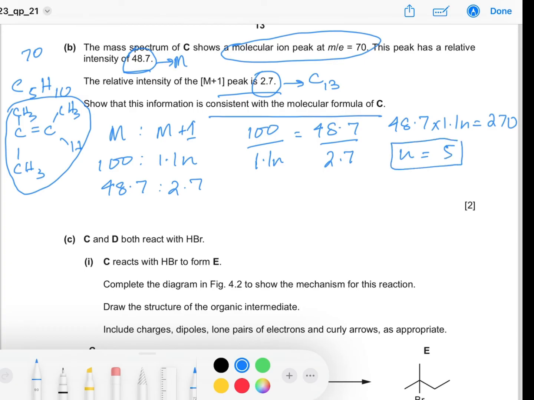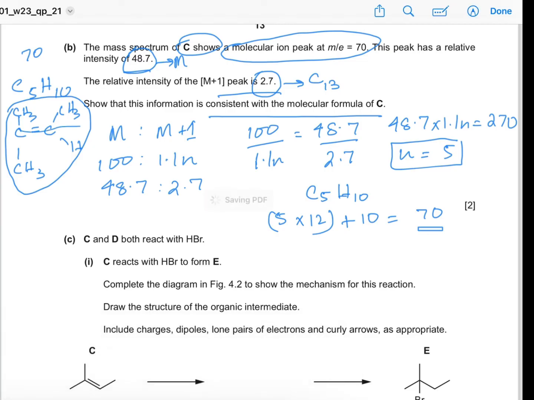So you have 5 carbon atoms in molecule C, and when you find the molecular mass of this compound, it turns out to be 70, which was where you have the molecular ion peak for compound C, and this is how it shows consistency with the information given.